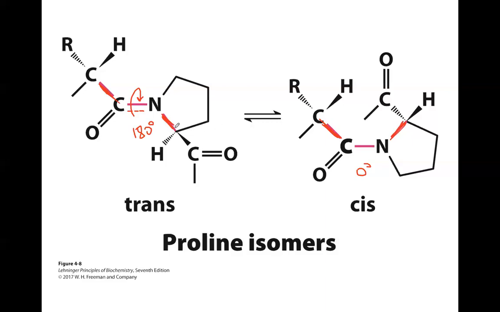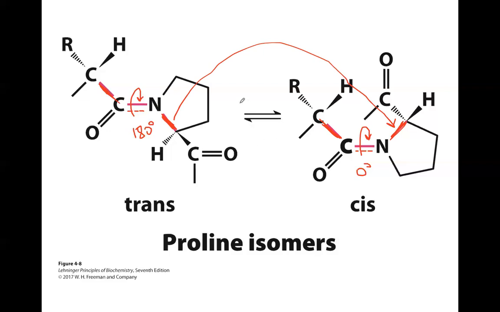It was here, right? And now look, it's on this side. So this has rotated. Once it's in a cis configuration, now the beta turn is possible, right? It allows for a sharp turn.